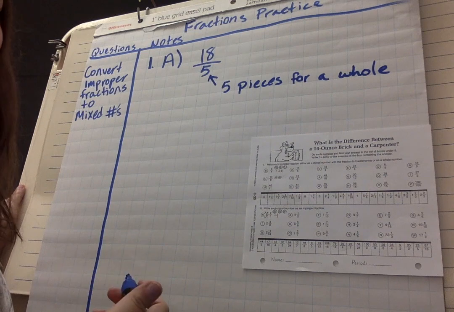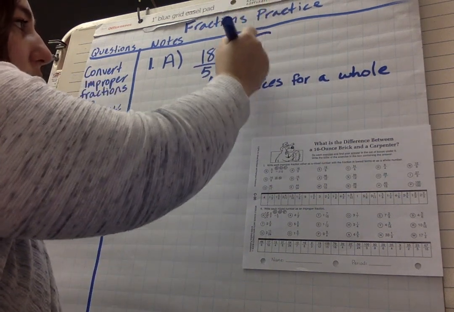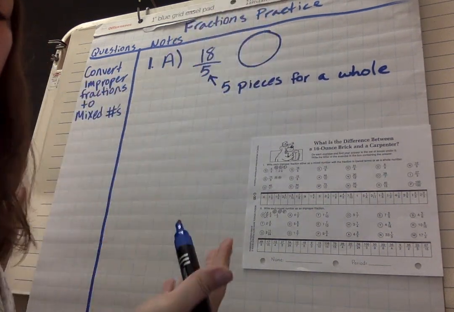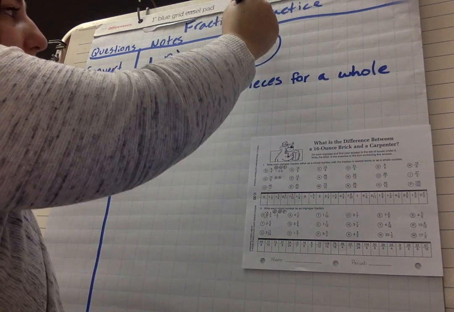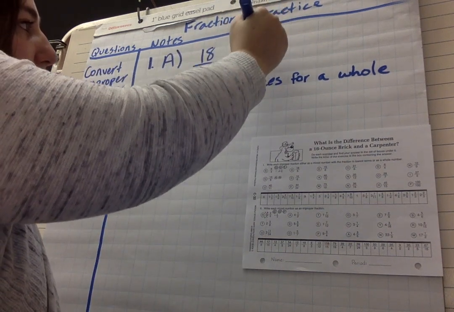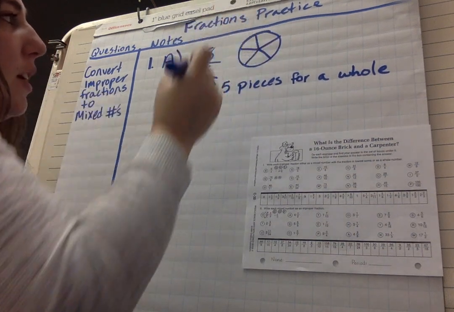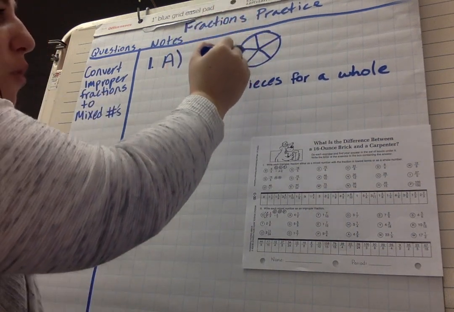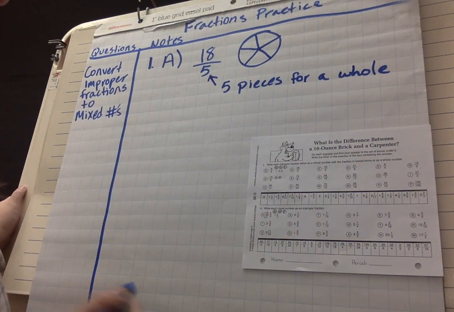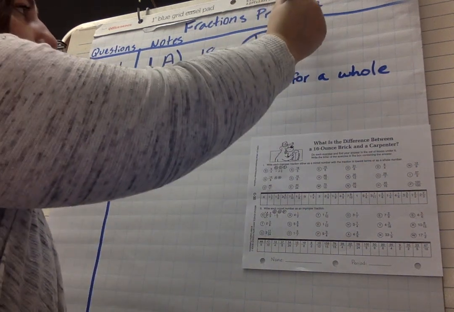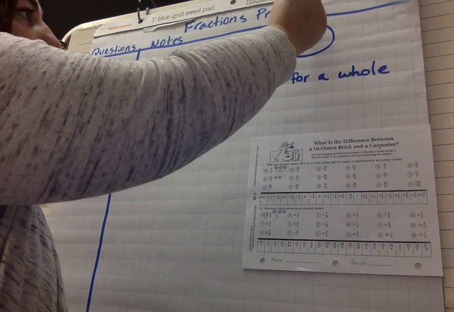Okay, so in my picture, maybe I'll draw a circle, and I gotta draw 5 pieces. Okay, so I have 1, 2, 3, 4, 5. But I'm gonna keep going and draw a few more circles.